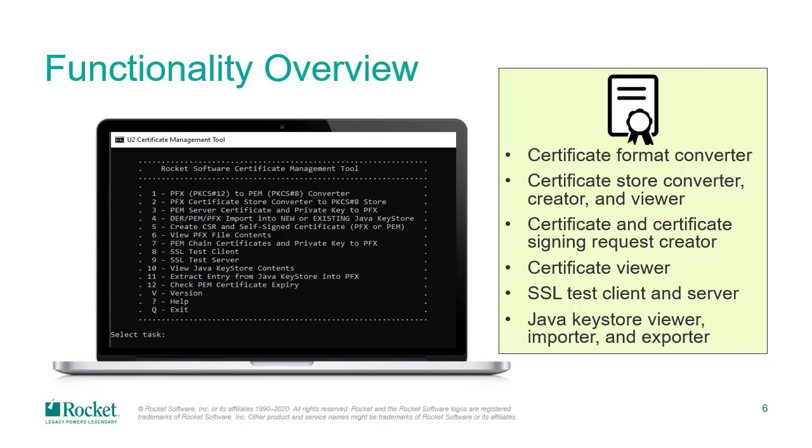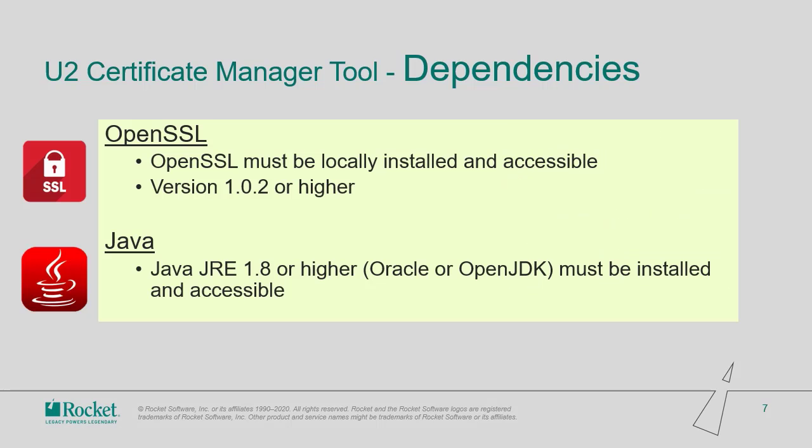I'll go into a lot more detail on this in the demo, but just to briefly overview the functionality, we've got a certificate format converter, certificate store converter, creator and viewer, certificate and certificate signing request creator, certificate viewer, SSL test client and server, a Java key store viewer, importer, and exporter as well.